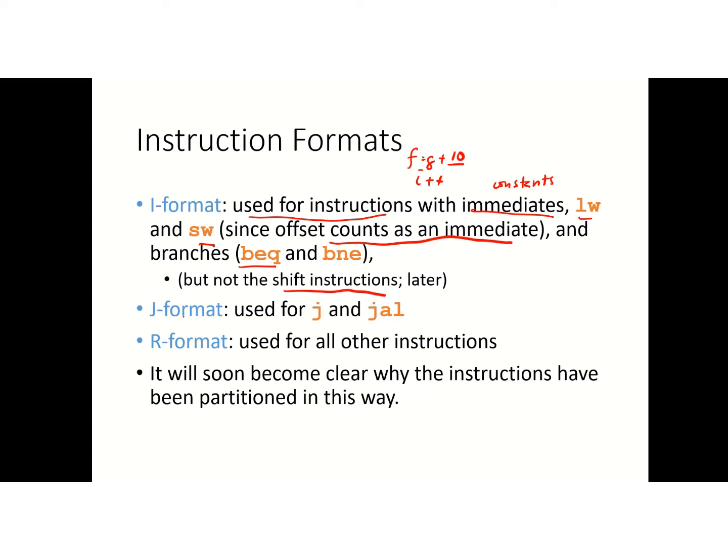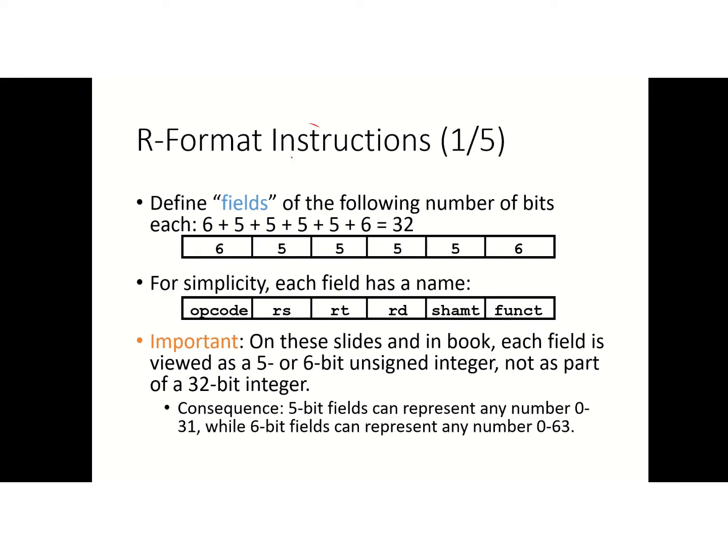Shift instructions are under the R format. J format is used for the jump and JAL instructions. R format is used for all other instructions. You will see why the instructions have been partitioned this way based on the fields that have been determined. Let's go to the R format instruction.